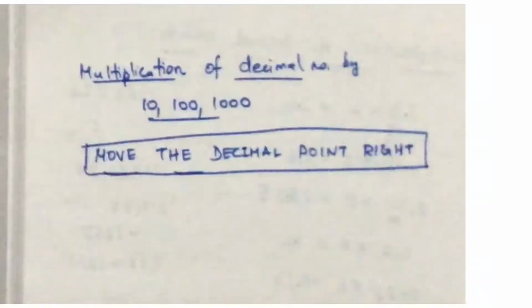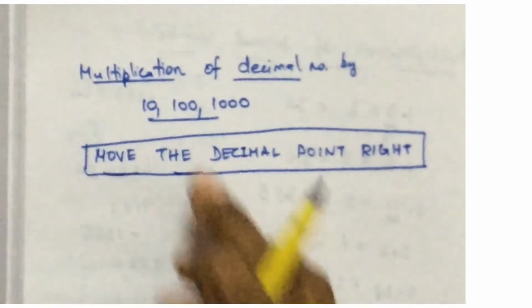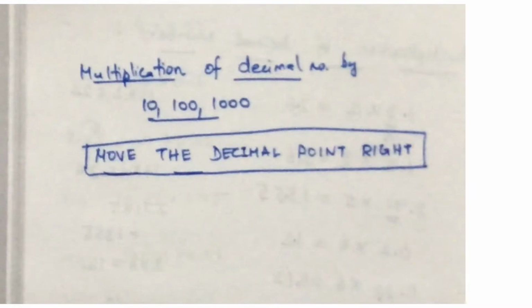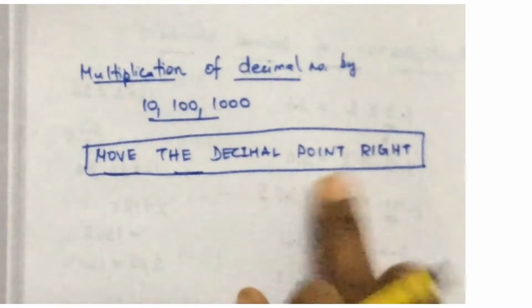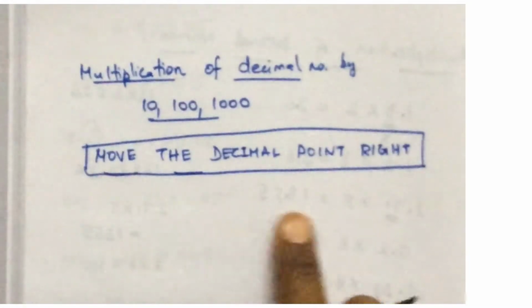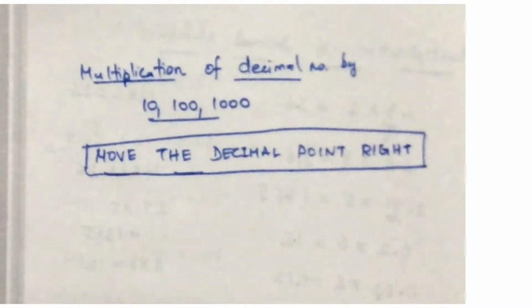The next thing is we will see how to multiply a decimal number by 10, 100 and 1000. Here it is simple. Only one thing to remember: we have to move the decimal point right. How many digits right depends upon the number of zeros.